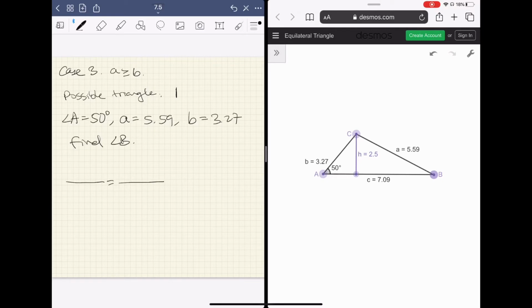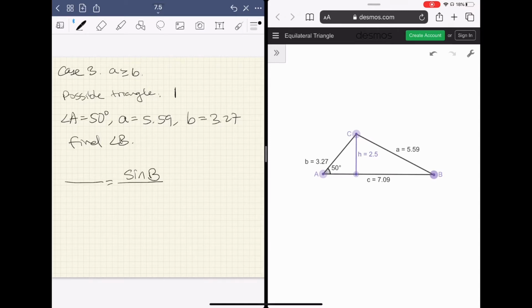To find angle B, for sure we'll need sine B. The sine B over the opposite, which is 3.27, will be equal to, we know angle A, so sine A, which is 50 degrees, over little a, 5.59. So again, you'll be solving that using the cross multiply, and find sine B first, and then find angle B using arc sine.